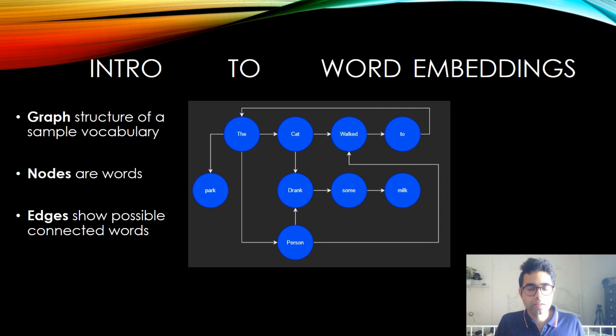This slide is an introduction to word embeddings. The image shows a graph structure of a sample vocabulary. The nodes are representing words, and the edges show possible connected subsequent words. For example, the cat drank some milk as a possible sentence.